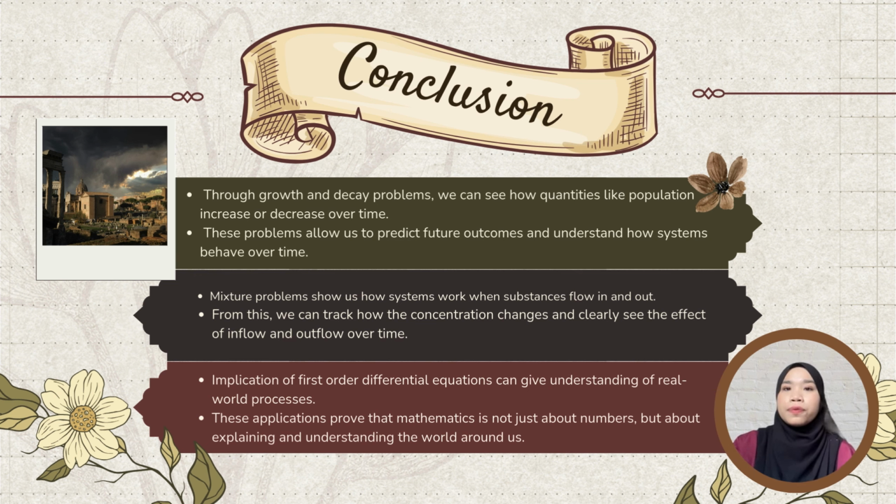From this, we can track how the concentration changes and clearly observe the effects of inflow and outflow over time. Overall, the application of first-order differential equation helps us understand real-world processes. This application shows that mathematics is not just about numbers, but about explaining and understanding the world around us.